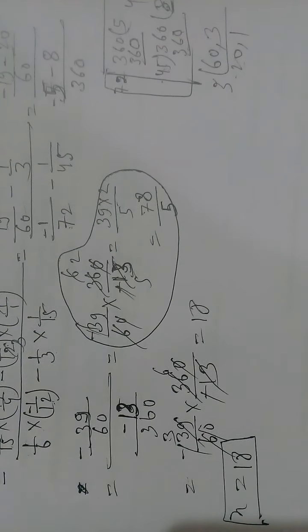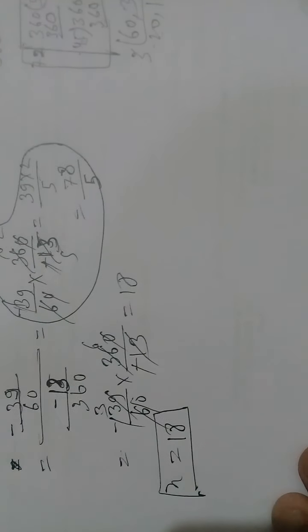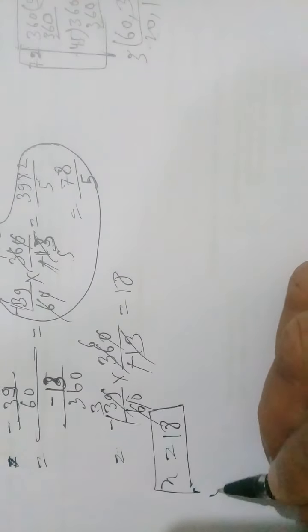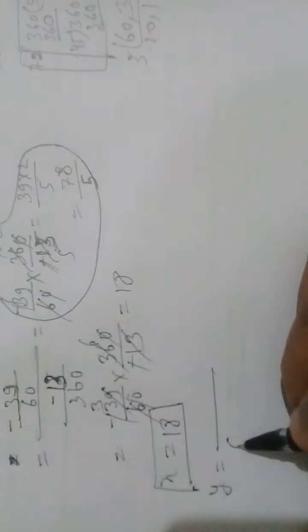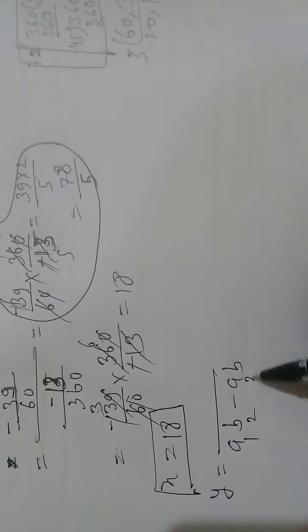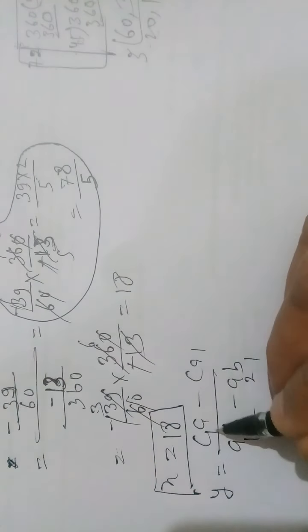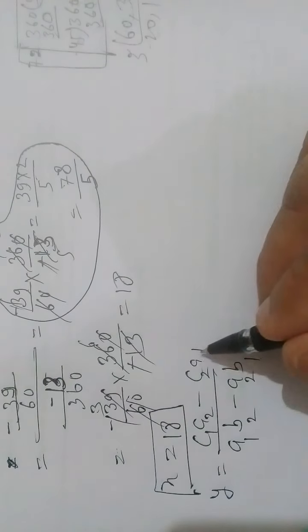And also we know that y is equal to c1 a2 minus c2 a1 over a1 b2 minus a2 b1.